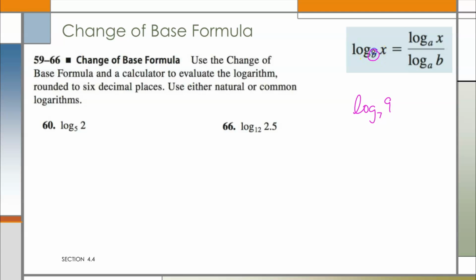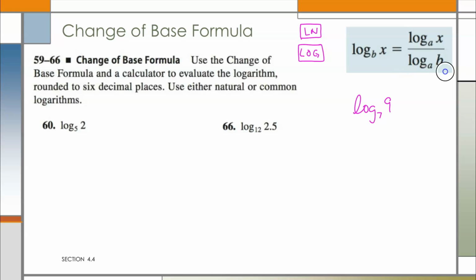I have a base b, like base 7, and I want to change it to a new base, like ln, base e. Our calculator can do base e. We can also change from log base b to log base 10, the common log. Our calculator has those buttons, so locate them: ln for base e and log for base 10.